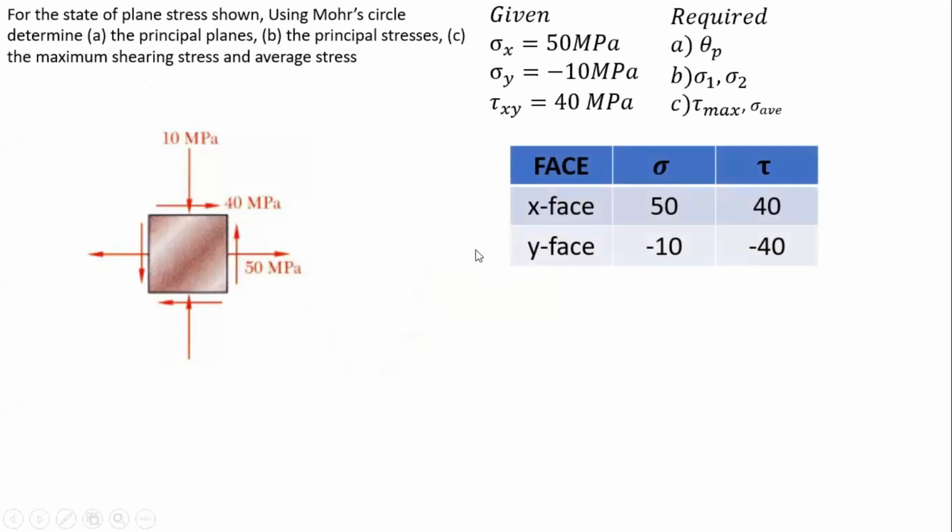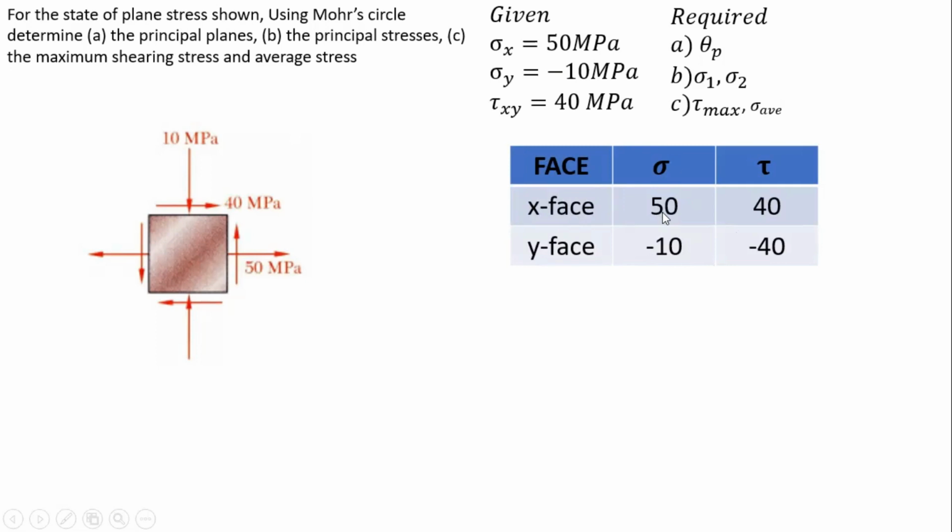So first step natin dito is mag-locate muna tayo ng dalawang points. Saan natin kukunin yon? Kukunin natin yon dito sa x face and y face nung figure natin. So for the x face, ang gagamitin natin dito is yung sigma as x coordinate and then yung tau natin as y coordinate.